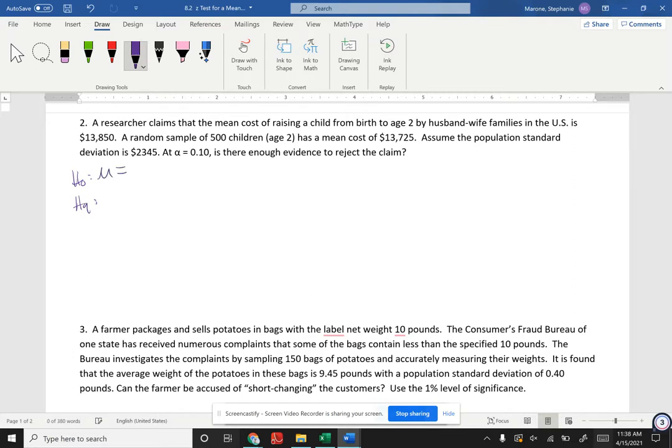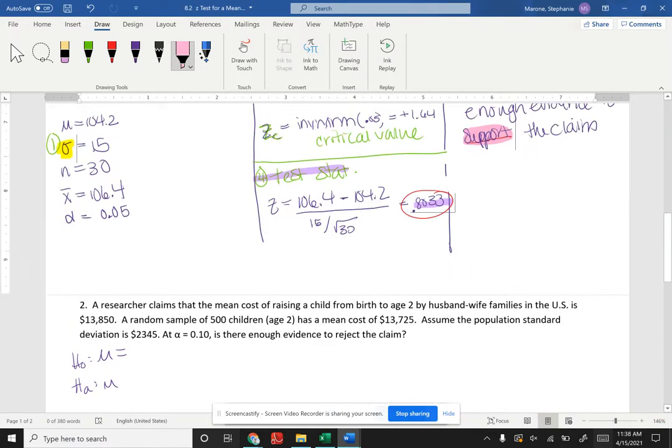So we always start off the same way, our null and our alternate hypotheses. The researcher claims, so I hear the word claim, that the mean cost of raising a child from birth to age, blah, blah, blah, is blank. So the researcher claims.